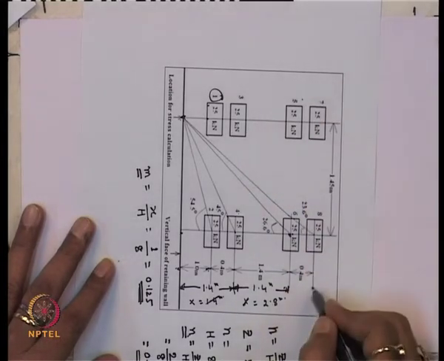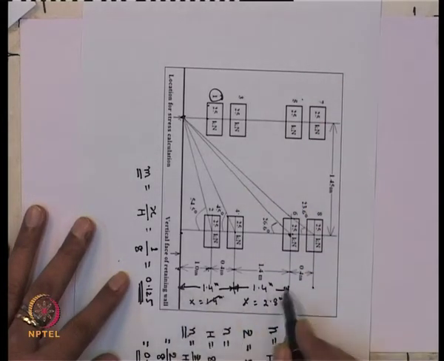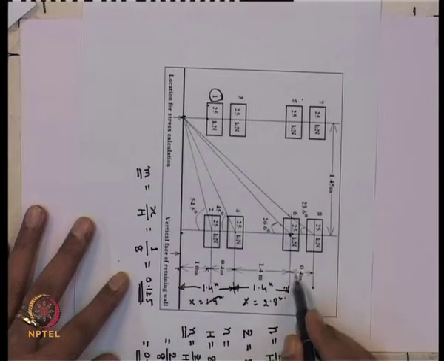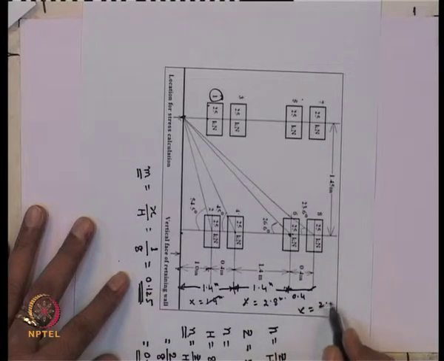So this is located from here to here 2.8, and this is 0.4. That means x will be equal to 2.8 plus 0.4, so x will be equal to 3.2 meter.